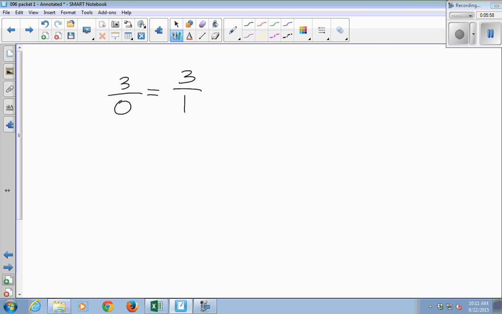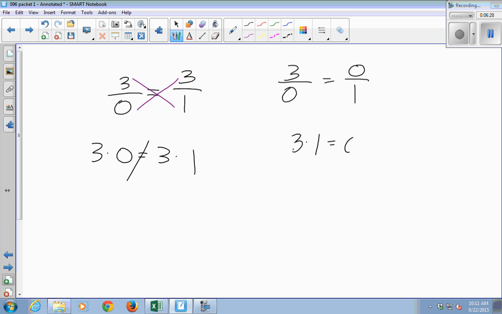No. If you've ever seen cross multiplying, you get 3 times 0 equals 3 times 1, which is not true. So 3 over 0 is definitely not 3. If I try to make it 0, the cross multiplying trick says that 3 times 1 has to equal 0 times 0, which is also not true. There's no answer that's going to give you a statement that makes sense, so we just say you can't do it.